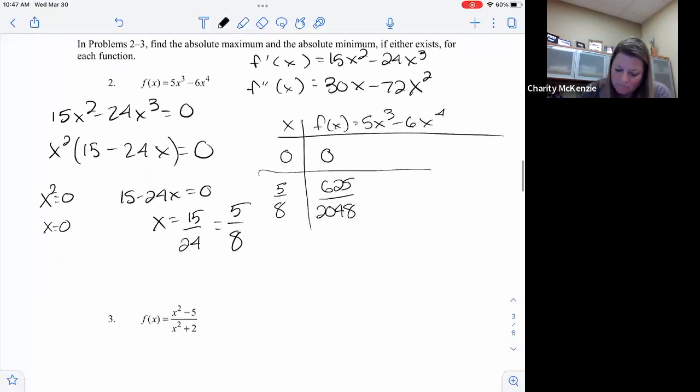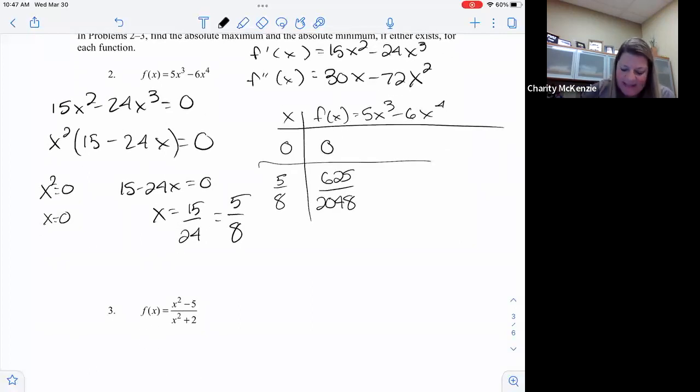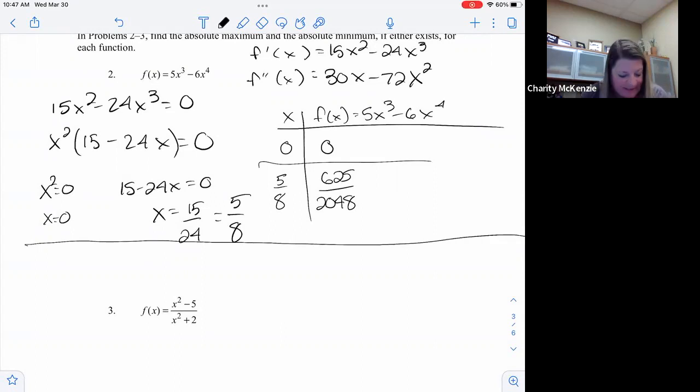And then what we could do is use that second derivative to check. This one is definitely, the 0 is definitely our low one. And this one is definitely our higher one, but we're going to do the second derivative check.